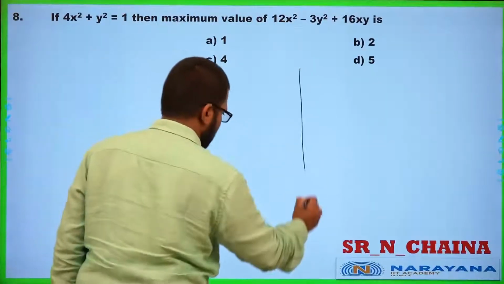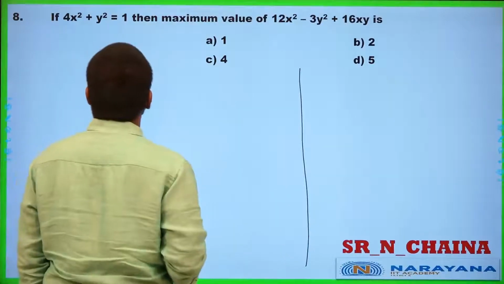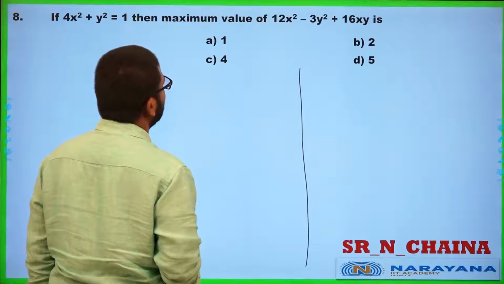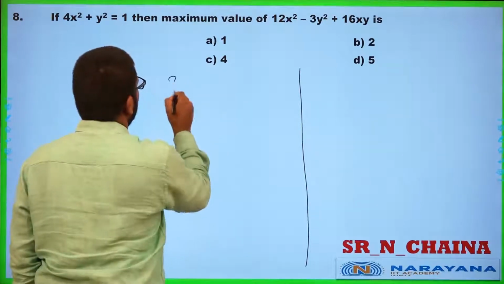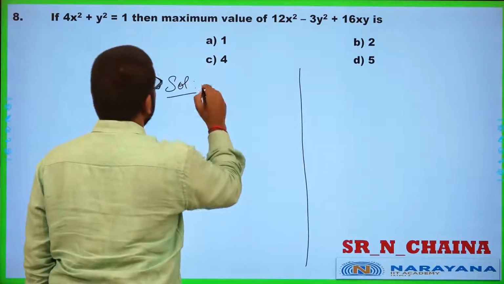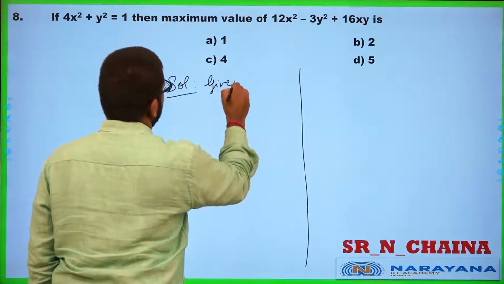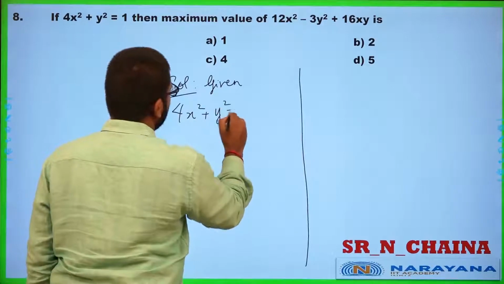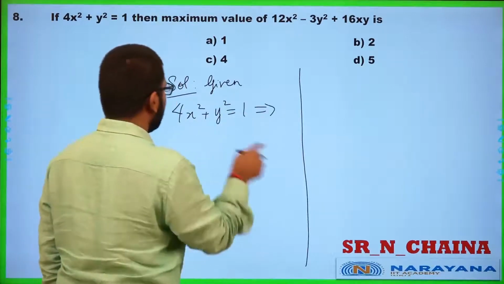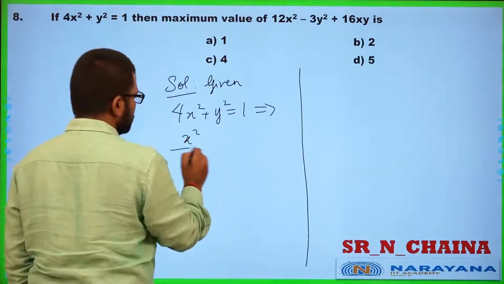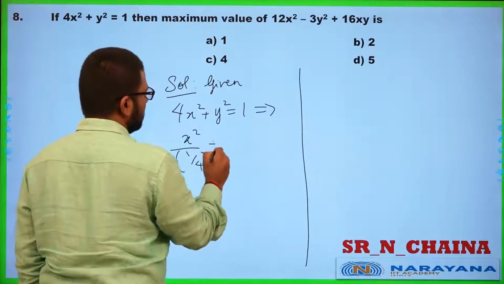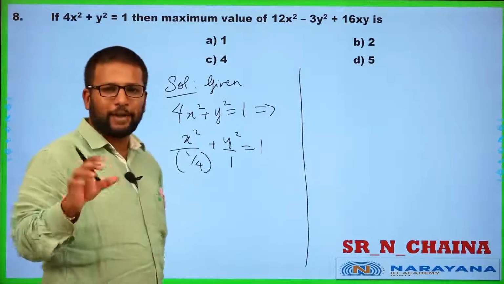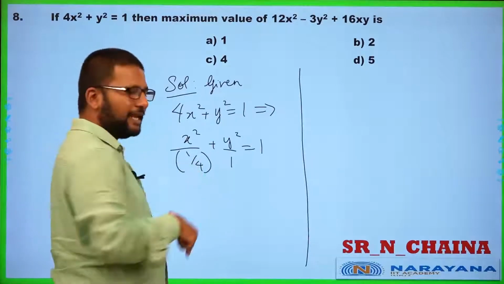If 4x square plus y square equal to 1, then find the maximum value of 12x square minus 3y square plus 16xy. So given 4x square plus y square equal to 1, we can write it as x square by 1 by 4 plus y square by 1 equal to 1, which means the point x comma y lies on this ellipse.